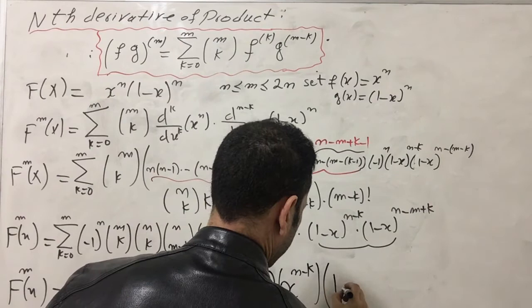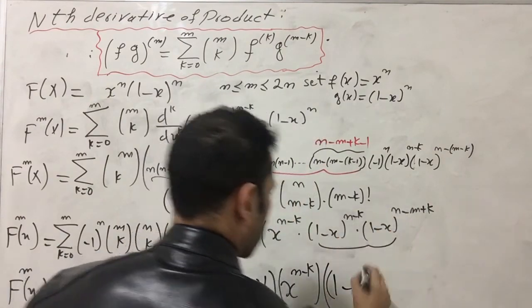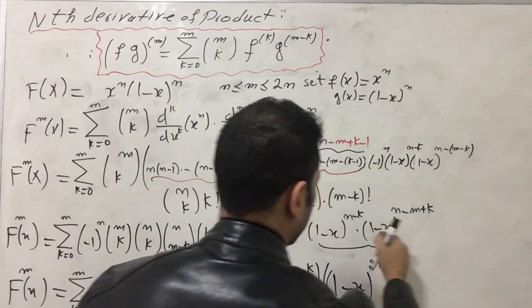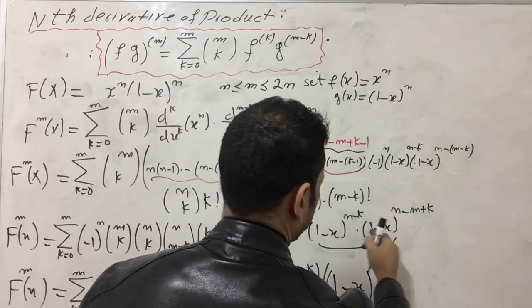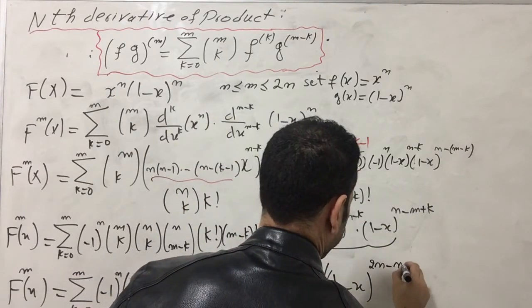I can put it together as 1 minus x to the n plus n, which gives us 2n, minus k with this k, so the k will be cancelled out because we have k minus k, minus m.